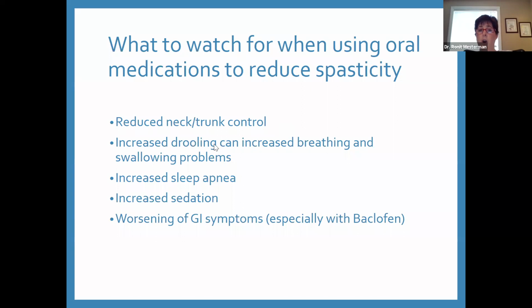Increased drooling is a common side effect of many of the oral medications, especially baclofen, and in some children can really worsen their swallowing problems and their breathing issues. I had a few kids who reacted with actually quite significant obstructive sleep apnea, and were much better when we took them off the baclofen.